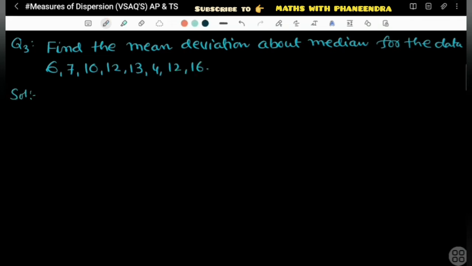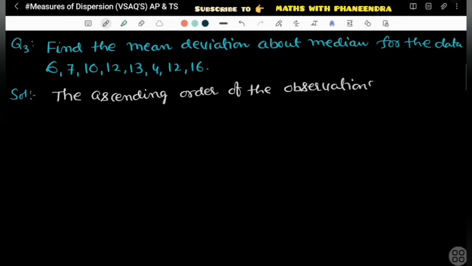First, the ascending order of the observations in the given data.